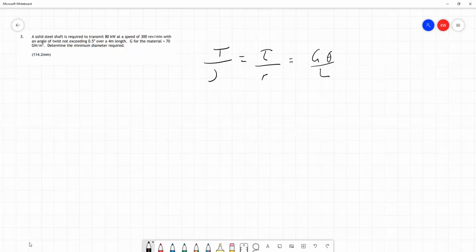So we have all of the components in our equation there, and we've got to think about what we can use to get the information that we need in this question. So let's have a look. In the question, we have been given G, we've been given theta, and we've been given L. So we've got everything in this part of the equation, we can use that.